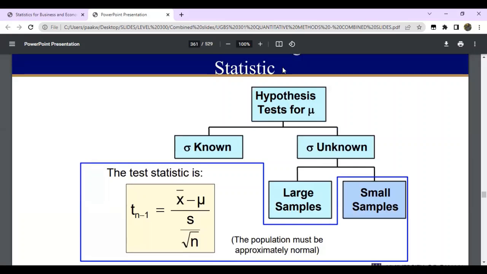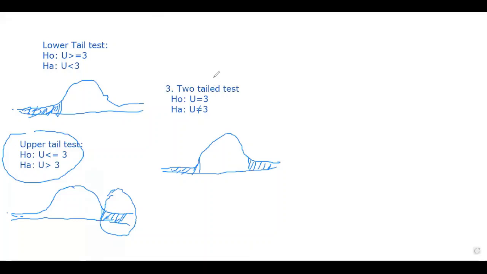So let me switch on to the white screen to explain something here. First of all, consider the n. If your n is greater than or equal to 30, then you are going to use the Z statistic.